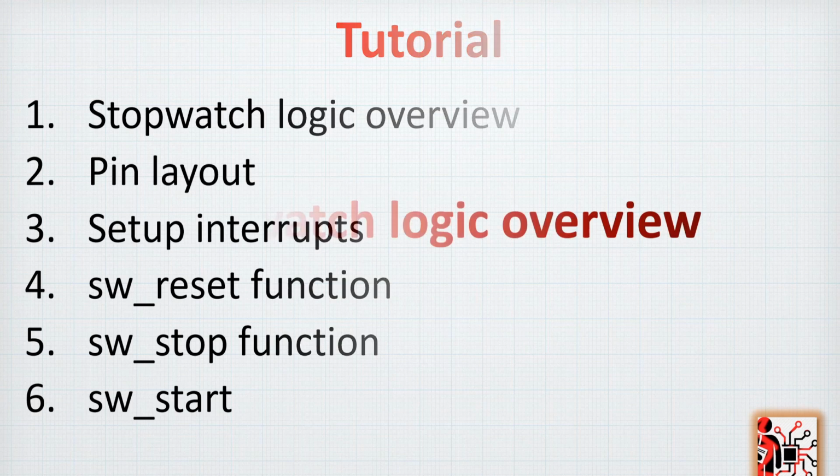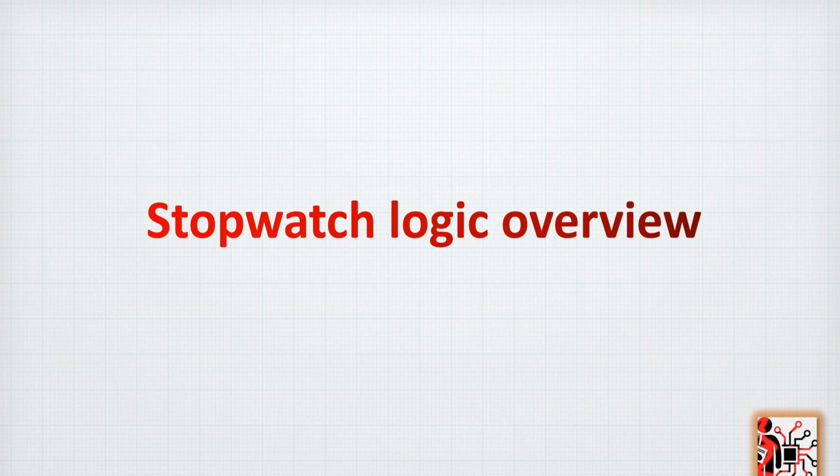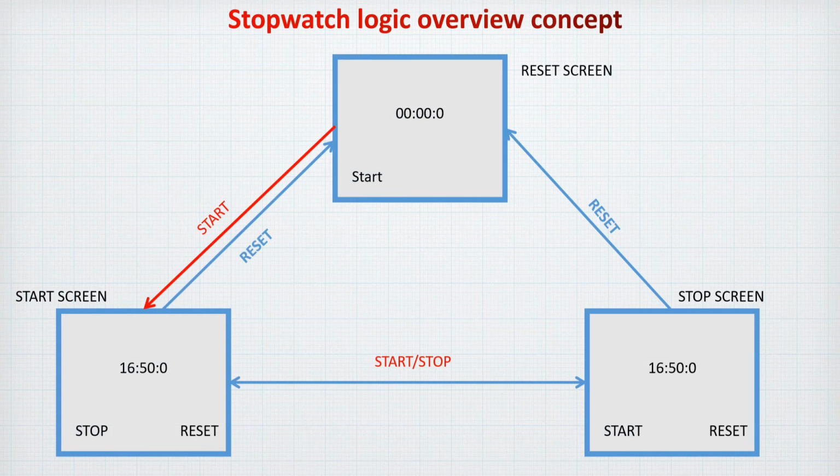Okay, so let's have a look at how the logic will work. When we start, we will be using the reset screen. The reset screen is just a string showing 0, 0, 0 and star, star, star. As soon as I push the start button, we go to the start screen, where we will have this counter increasing each time.